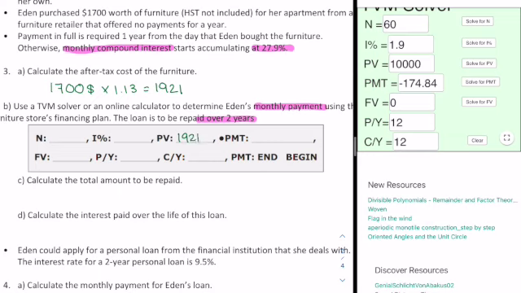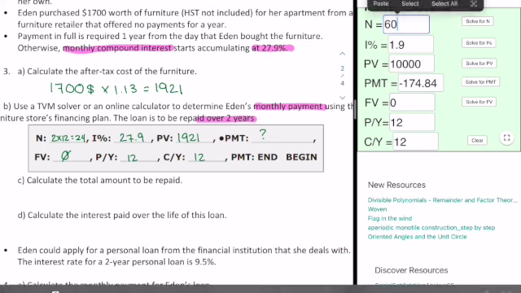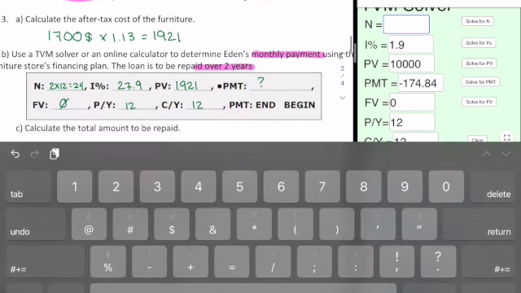Then you have 2 years times 12 months is 24 payments. The interest rate is 27.9. We're looking for PMT. There's no future value because it will be paid off. 12 payments a year, compounded every single month. And then once again, you just plug these numbers into the calculator.